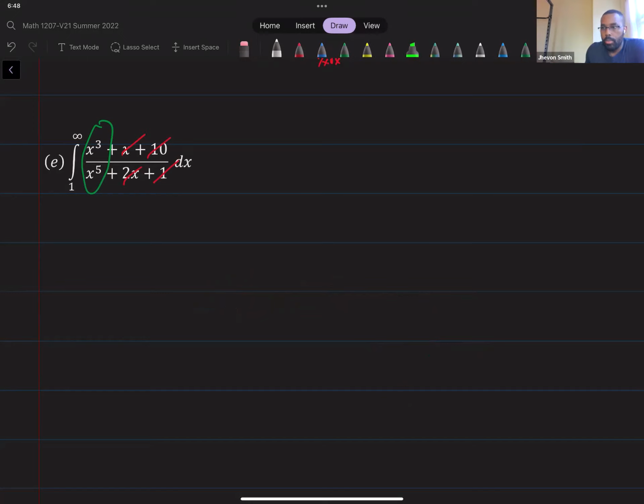So, nice function. Just look at the highest powers.